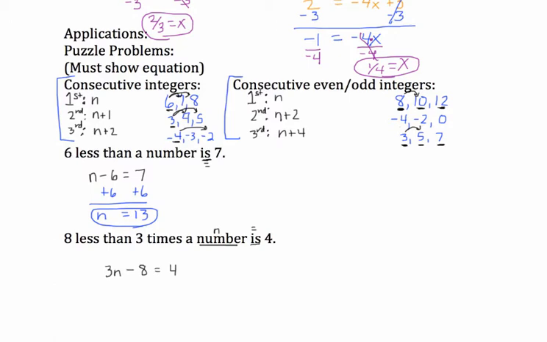Now I can just solve. I need to undo what's been done to the n. So n, or my number, is 4.